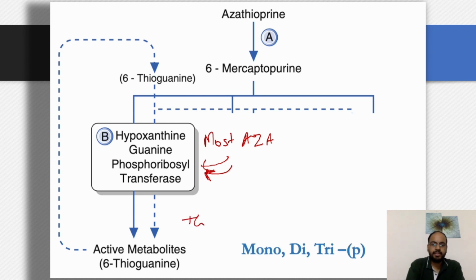So this can be monophosphate, diphosphate, triphosphate. All sorts of species are formed, but the major action is through thioguanine monophosphate. Okay, so let's go to the next slide.